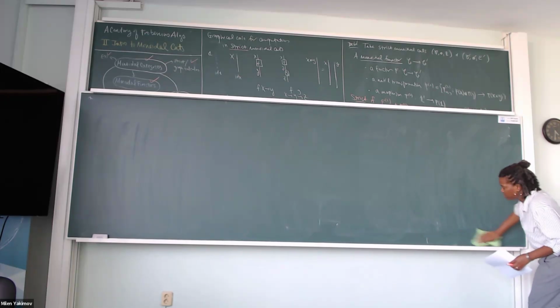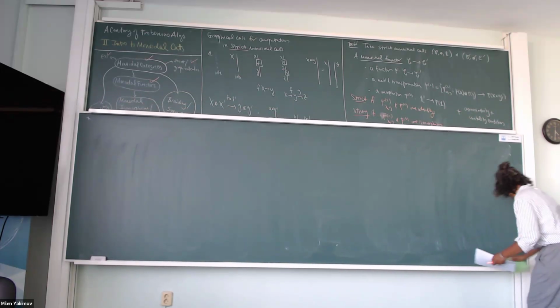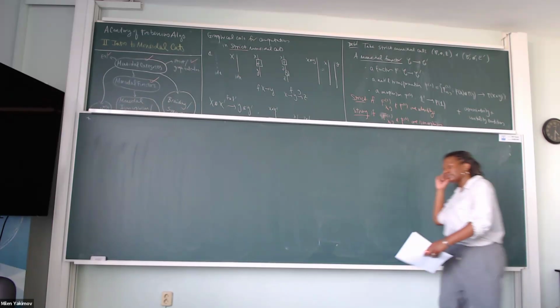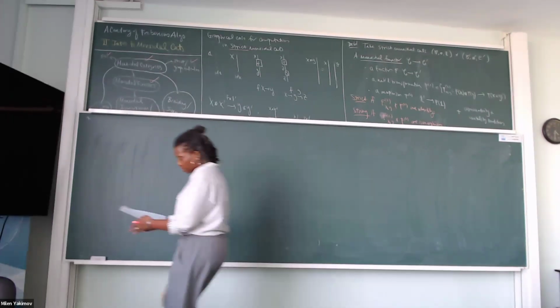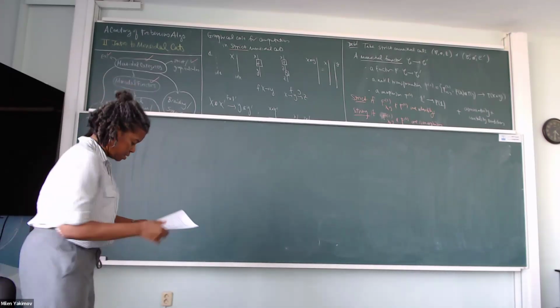All right, so now that we have what a monoidal functor is, going from one monoidal category to another, we want to talk about when these two structures are the same.